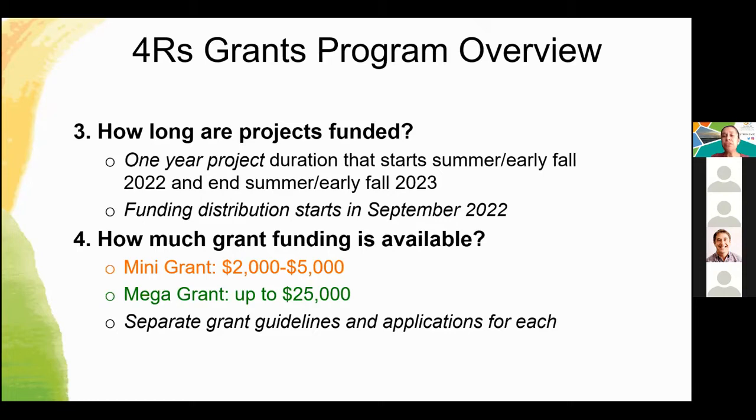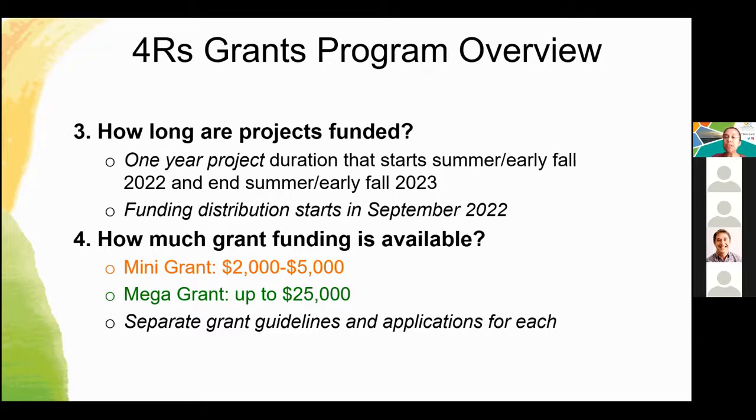Projects are funded for a duration of 1 year, ideally starting in late summer or early fall and ending at the same time the following year. Typically, funds begin to be distributed in September. A helpful tip when submitting your application is to make sure your project timelines begin in either late summer or early fall to avoid rewriting submitted timelines.